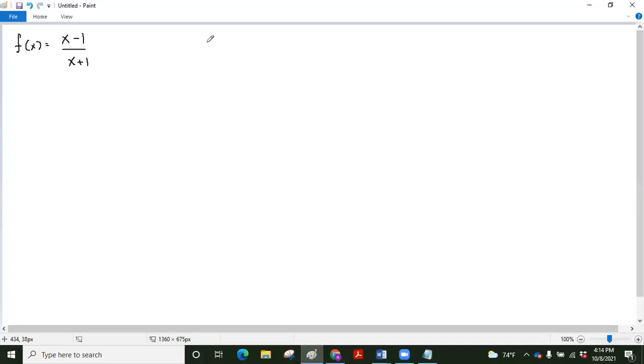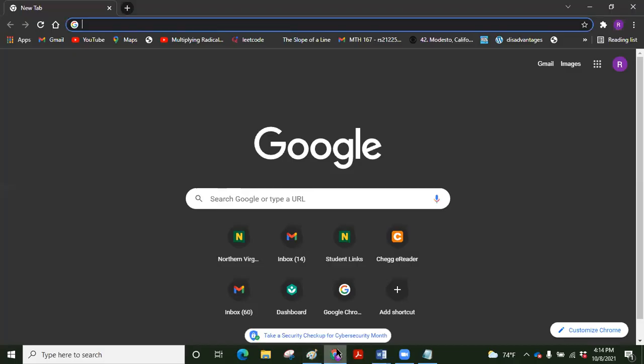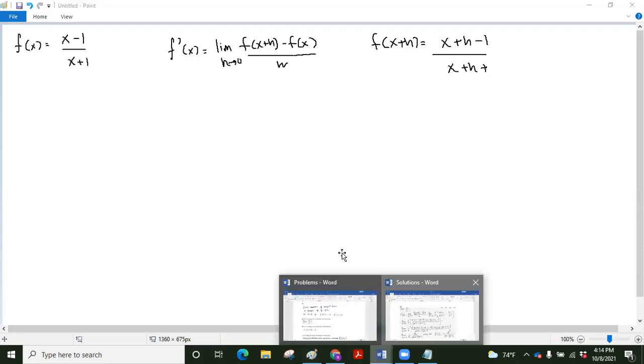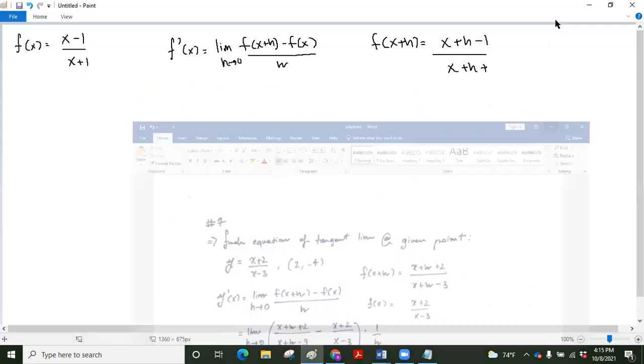So the limit definition is f prime of x equals the limit as h approaches 0 of f of x plus h minus f of x over h. That's the limit definition. So our f of x plus h here is x plus h minus 1 over x plus h plus 1. And now that I think about it, I think we've already done this question, because it was slightly similar to the previous question, but not exactly.